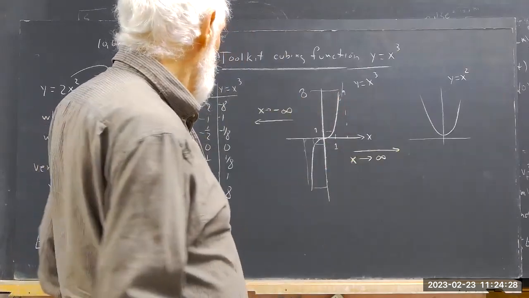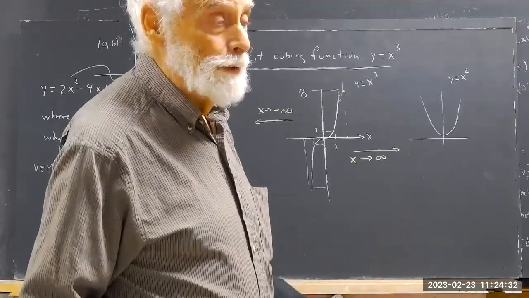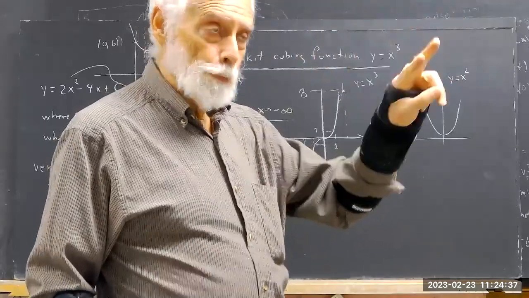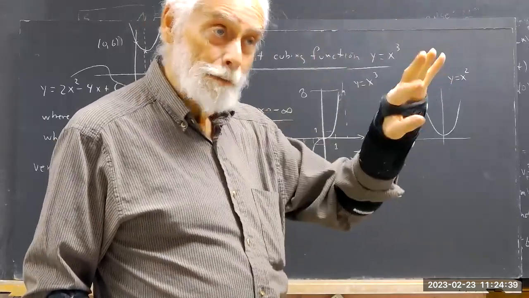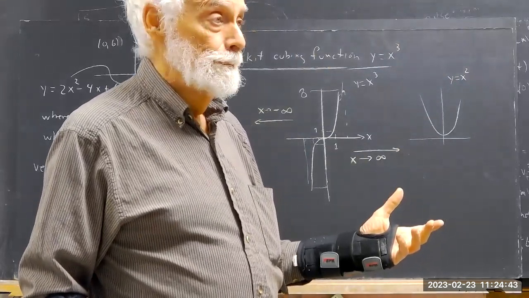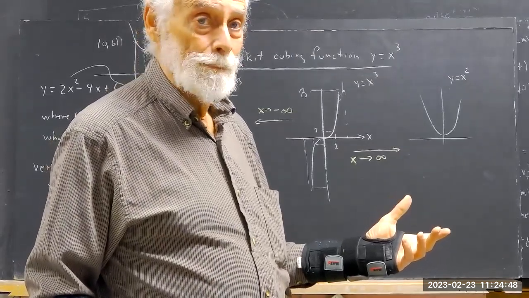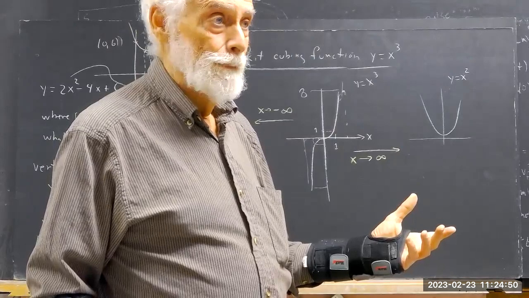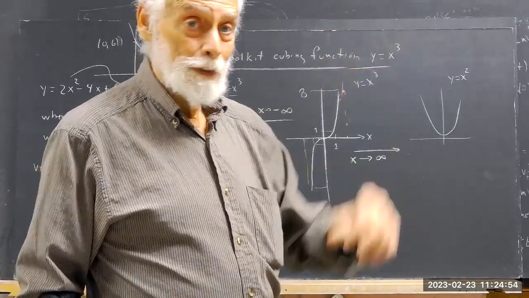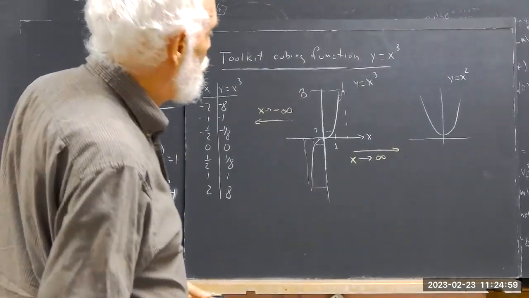Now, if you went out to 10 cubed, what's 10 cubed? Just show me with your fingers, just give me the digits. What is 10 cubed? 1,000. 1,000, okay? About half of you got that from 10.